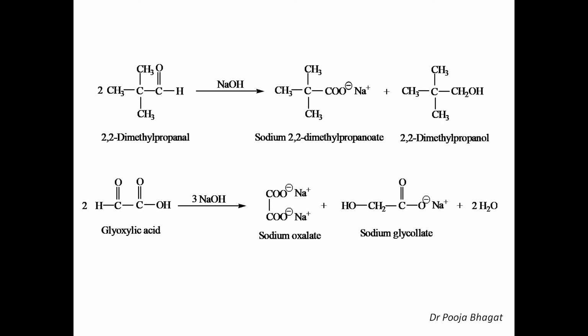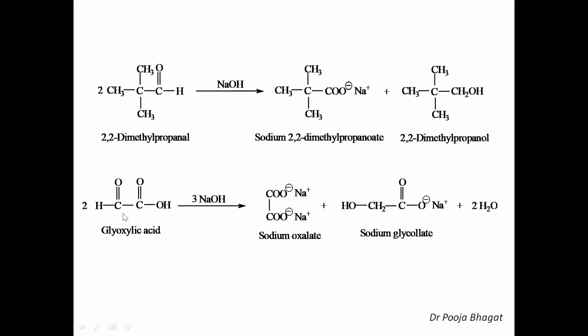Now the next example, glyoxylic acid. Now in the glyoxylic acid, there are two functionalities present in it. One is acidic functionality and another is aldehydic functionality. So the reaction, as you know, concentrated NaOH will give Cannizzaro reaction. So this aldehyde part gets oxidized in one molecule and gets reduced in another molecule.